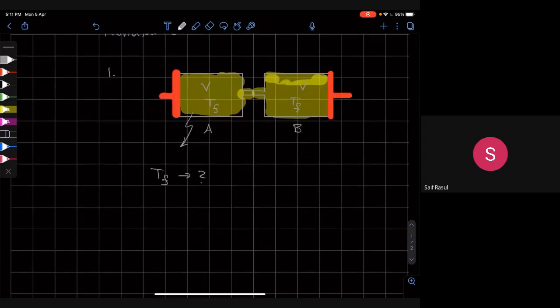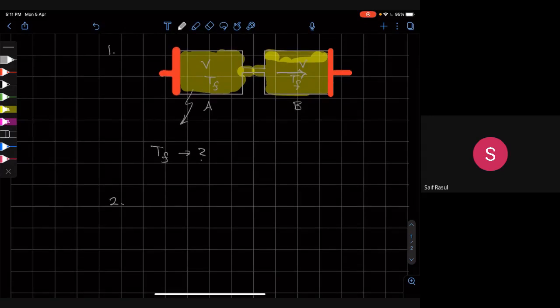And setup number two is that piston B is fully withdrawn. So here, this piston is being slowly withdrawn. In the second one, first you withdraw the piston, but the valve stays.